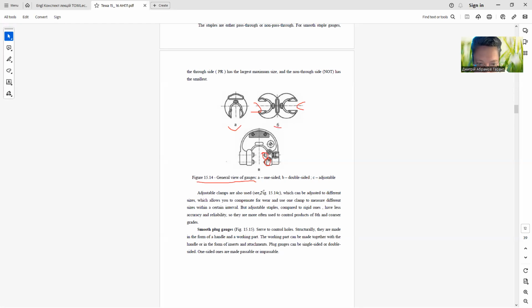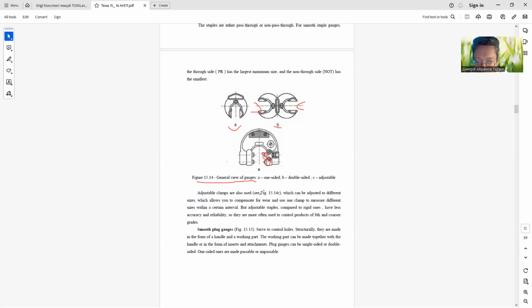Adjustable gauges are also used, which can be adjusted to different sizes, which allows you to compensate for wear and use one clamp to measure different sizes within a certain interval.